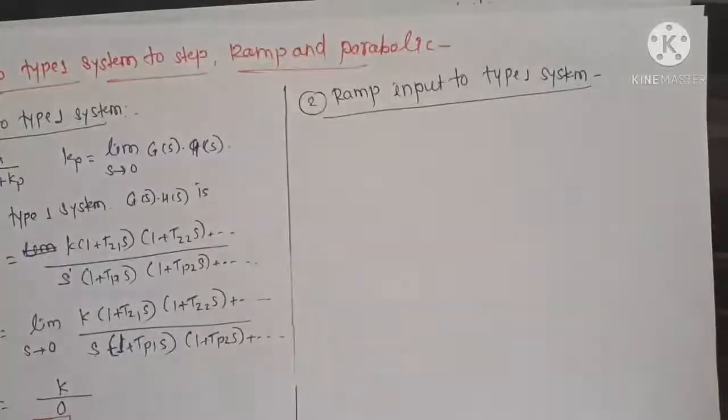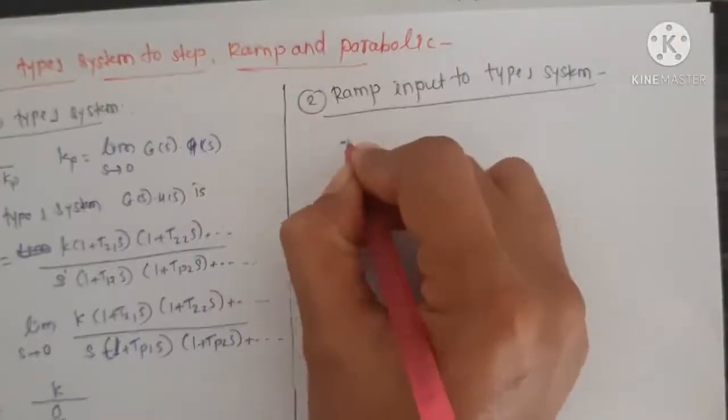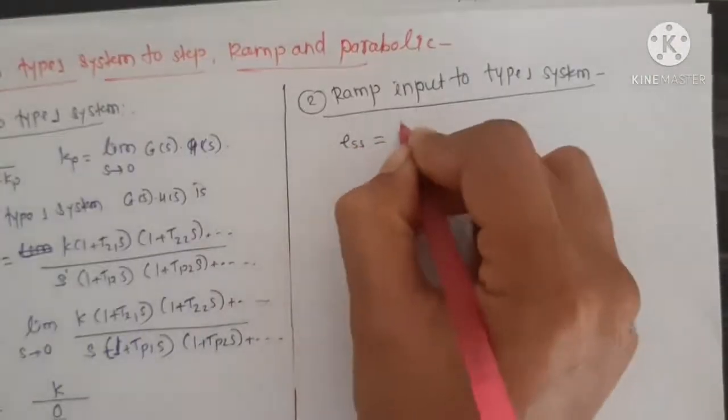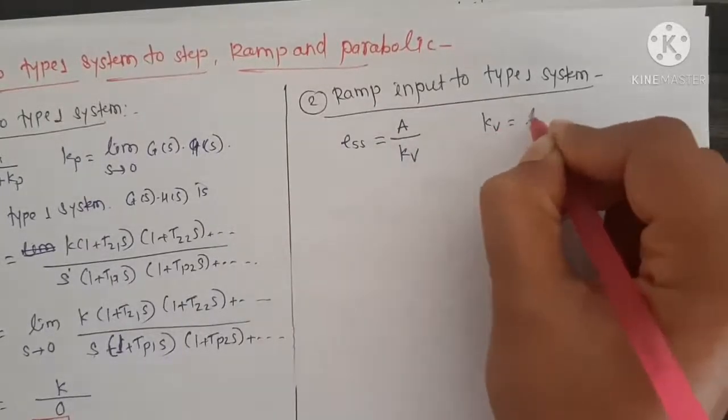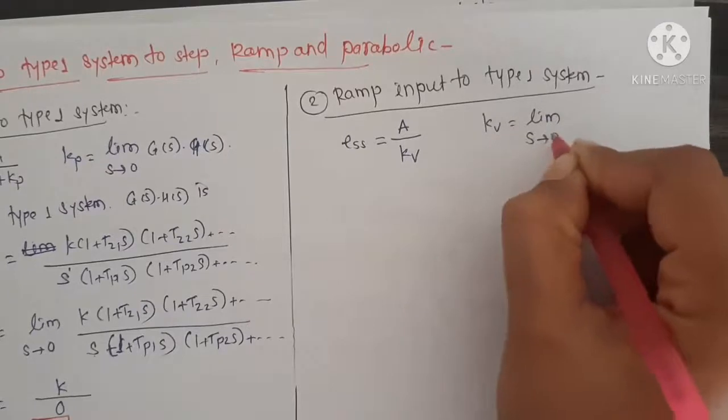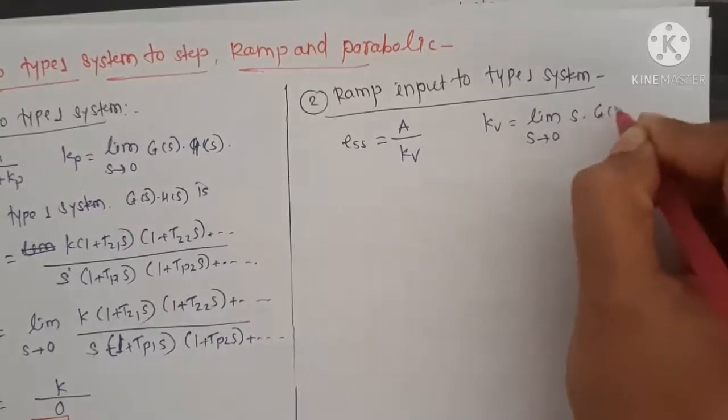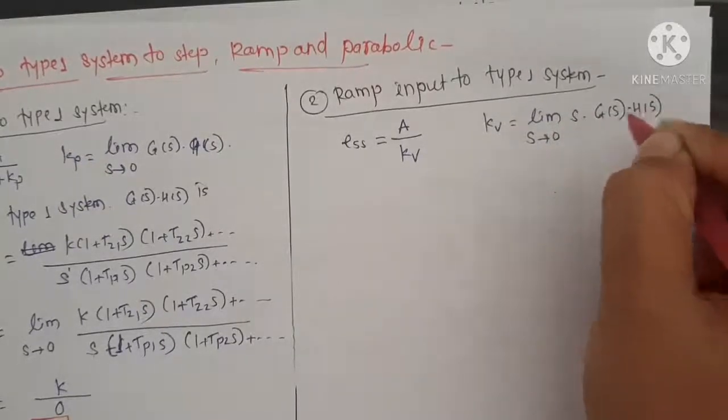So we know here what is the value of ESS for ramp input. It is nothing but A upon Kv, and Kv is nothing but limit s tends to 0 of s into G(s) into H(s).